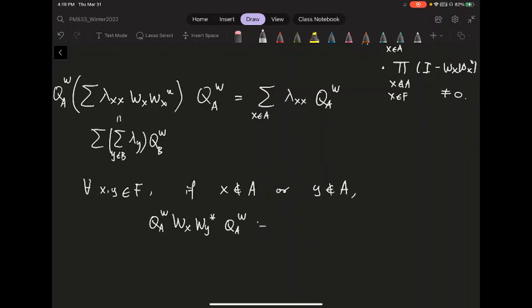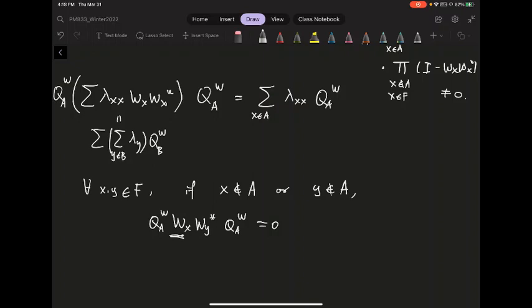This one will give you 0. The reason is, if your x is not inside A, then the range projection of this x will be orthogonal to this Q_A^W, but you have a W_x here, so you map a vector into the range of W_x, which is orthogonal to Q_A^W, so it returns 0.